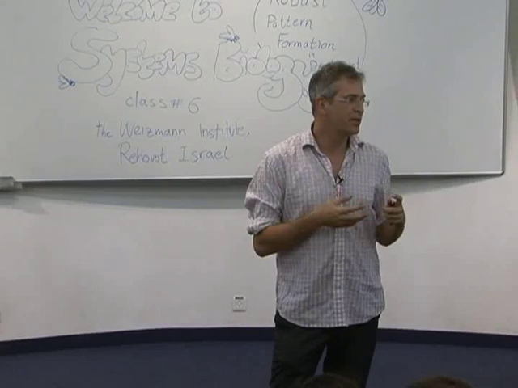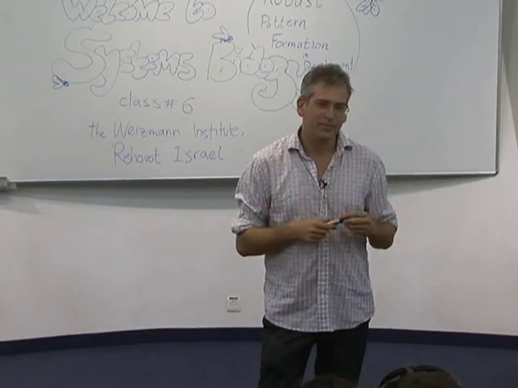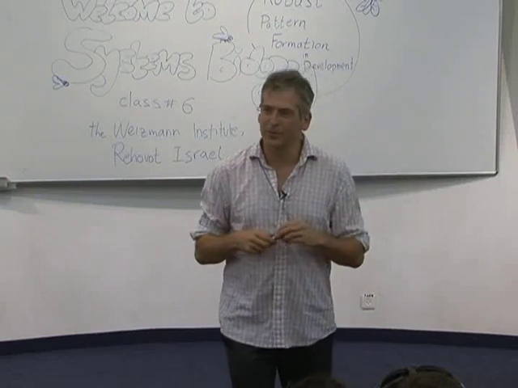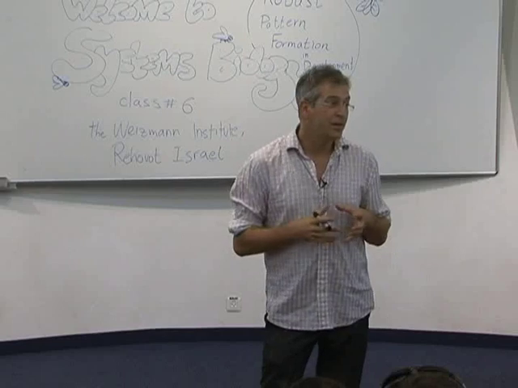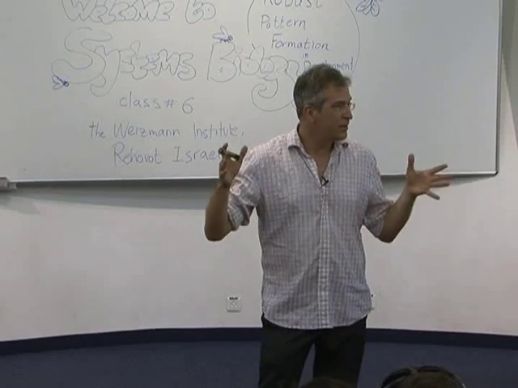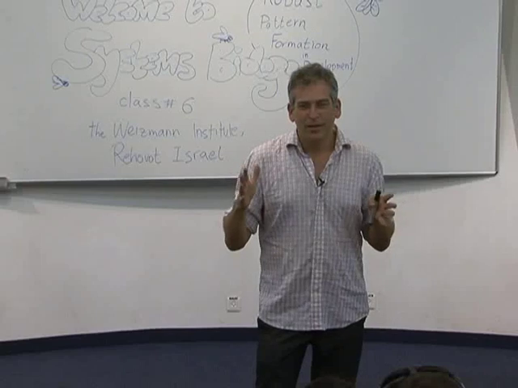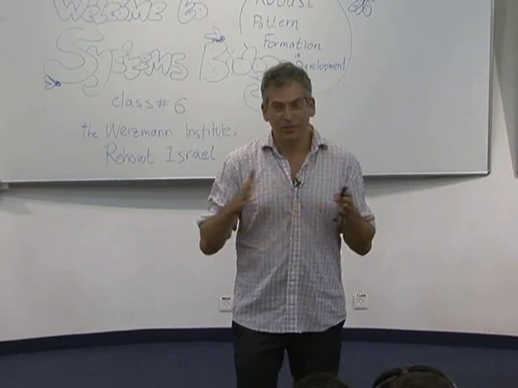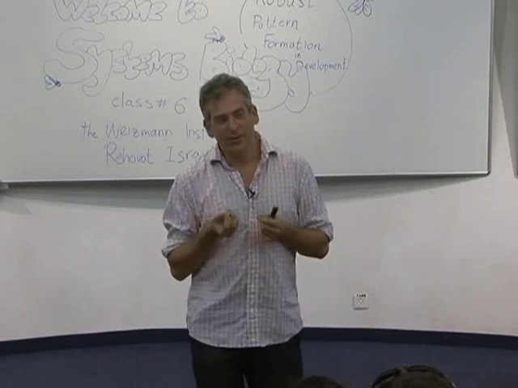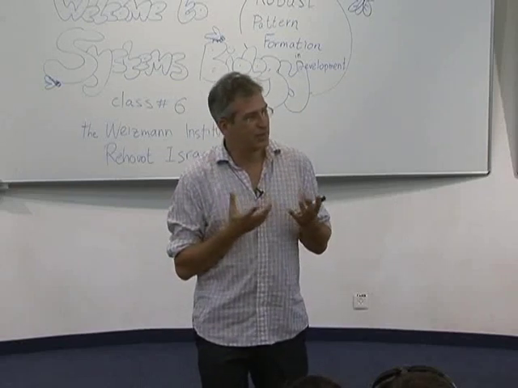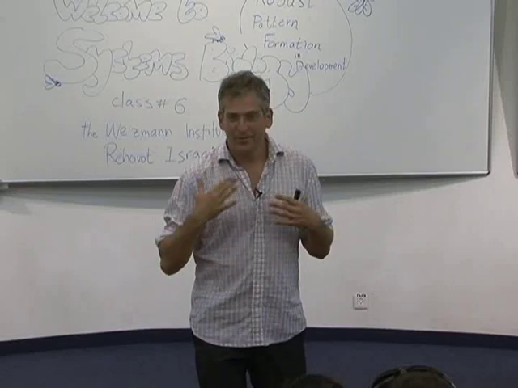And the word in biology to describe how you go from an egg to an embryo is called development. Developmental biology is a huge field. So we'll talk about this process of how you form patterns, spatial patterns, shapes. And how you can do that precisely, how you can make the shapes precise, despite the fact that the circuitry that determines the shapes is made out of proteins which are inherently variable.